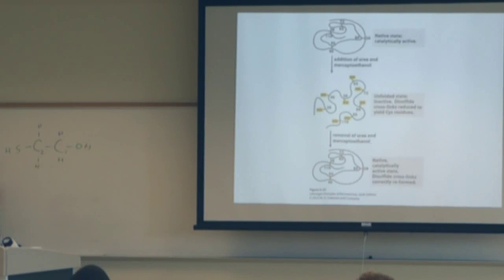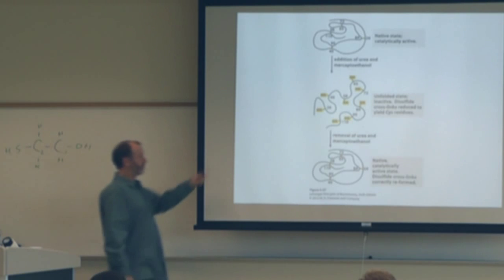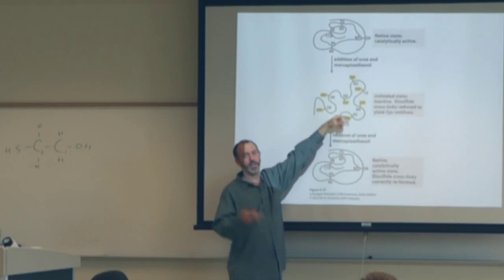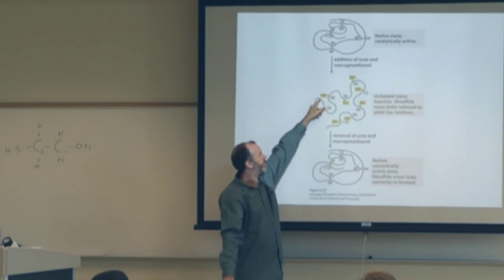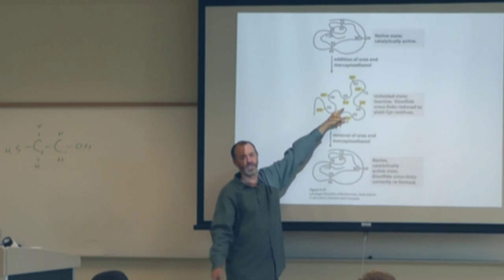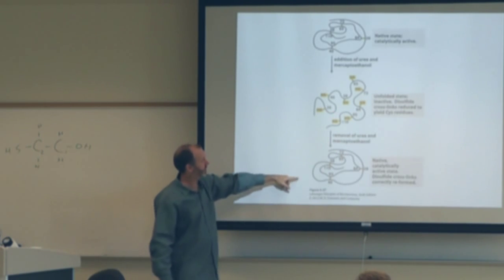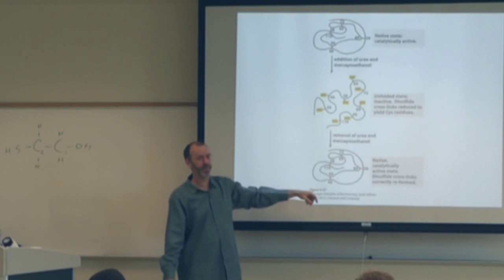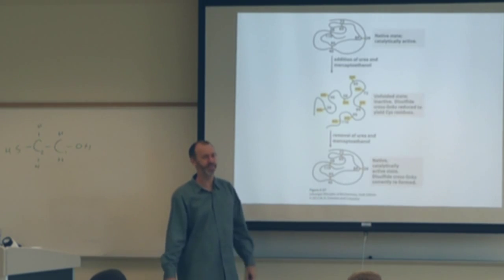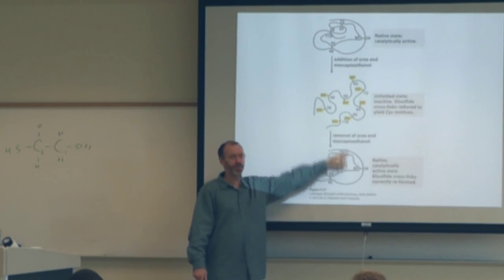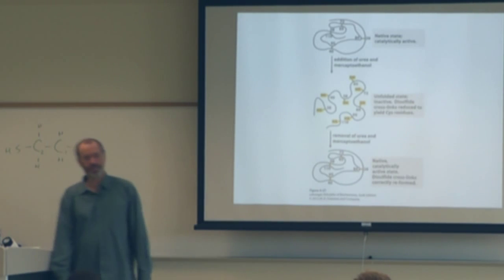It's this SH group that's able to keep these cysteines reduced. Urea unfolds all the secondary structure, making it a random coil, which is really unstructured. You remove the urea and mercaptoethanol. Anybody know how you can remove the urea and mercaptoethanol?